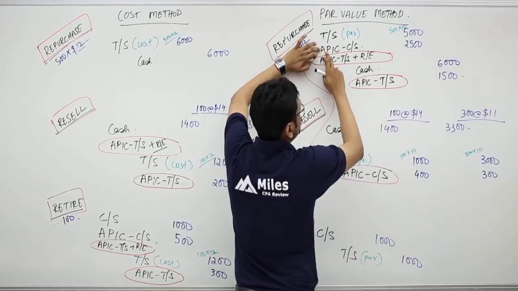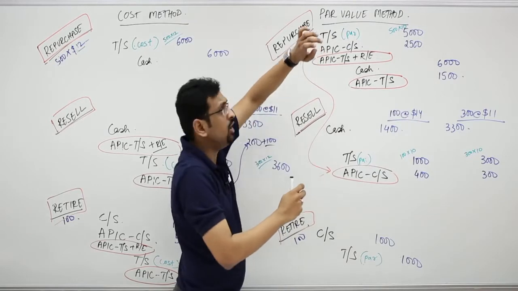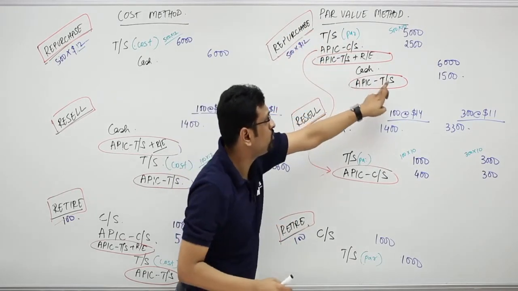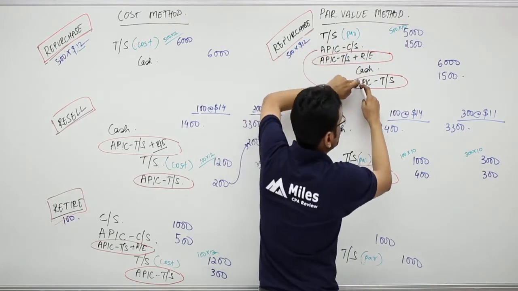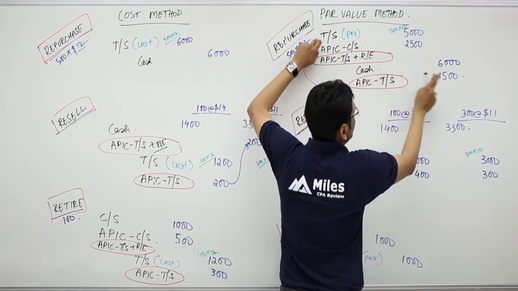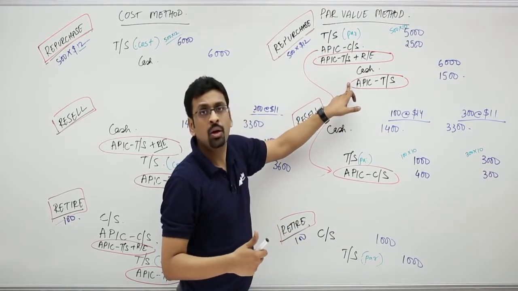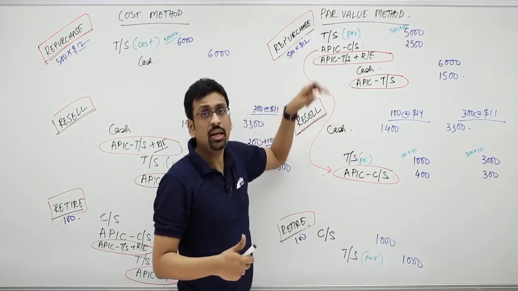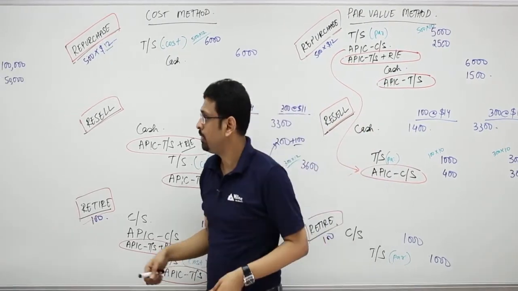So APIC is debited by 2,500 and credited by 1,500. So you could say the net debit to APIC is $1,000, and you're creating a treasury stock for 5,000. So that's the cash that's going out, 6,000.